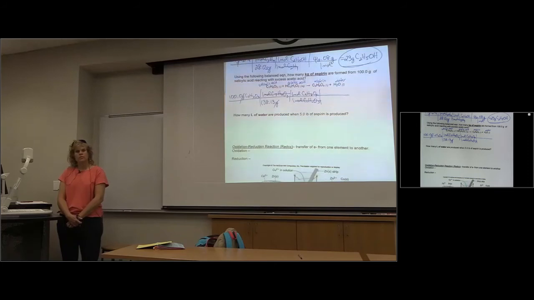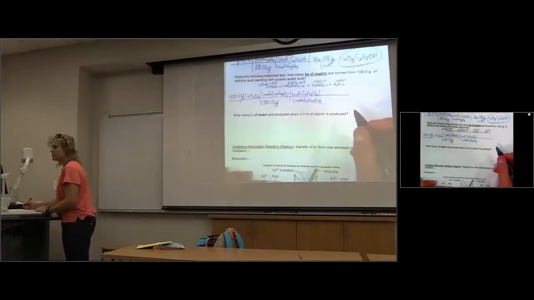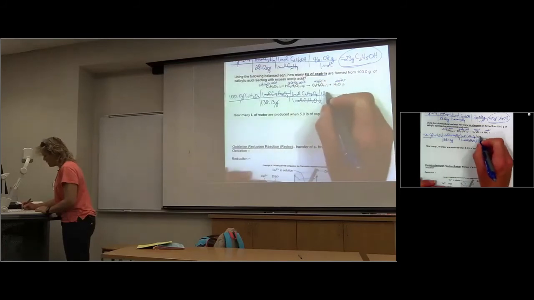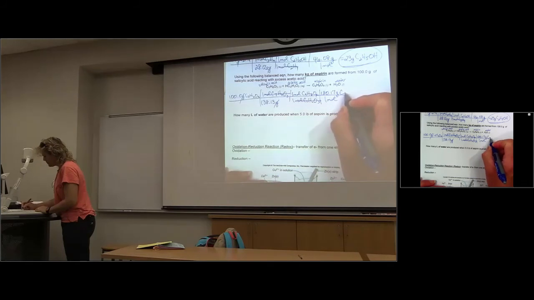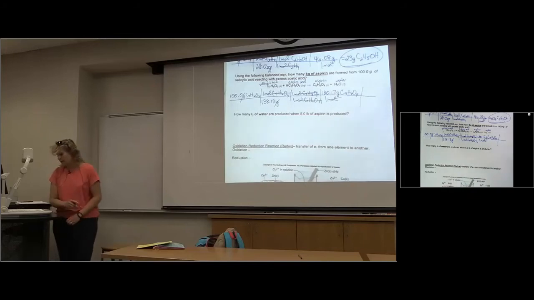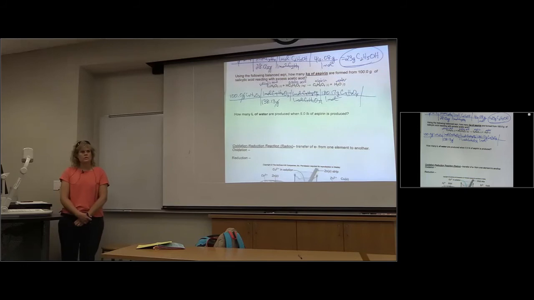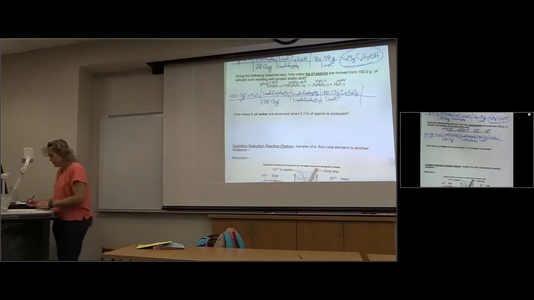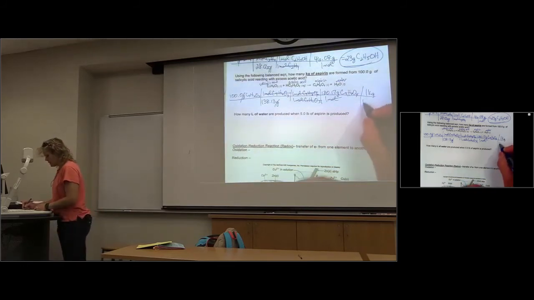What do you get for the mass of aspirin? 180.17. Where's that going to go? So 180.17 grams on top, 1 mole on bottom. And then what's my last step? So what goes on top? 1 kilogram on top and 10 to the third grams on the bottom. And again, that's still aspirin.